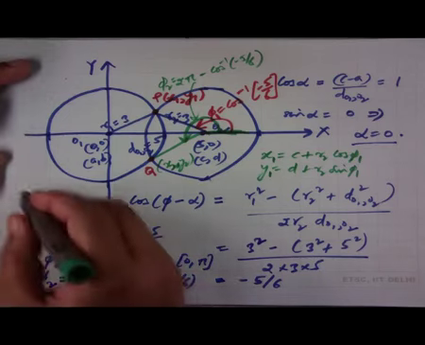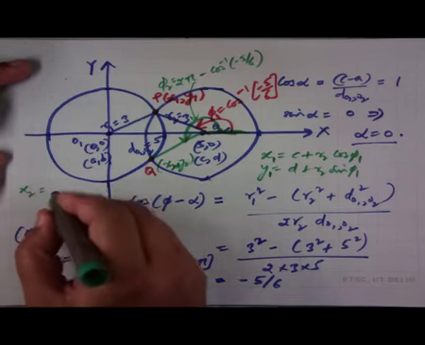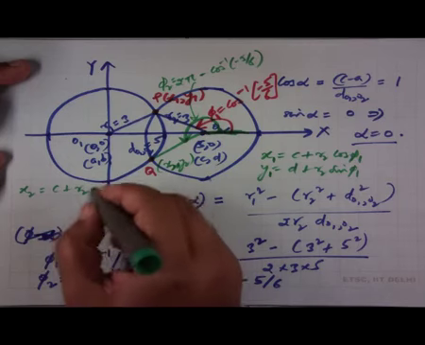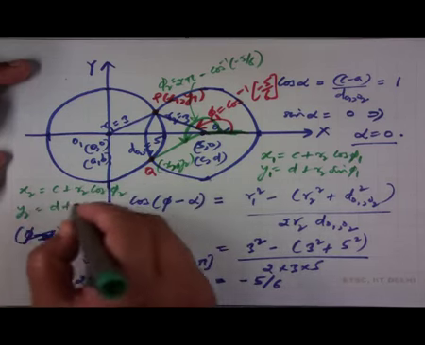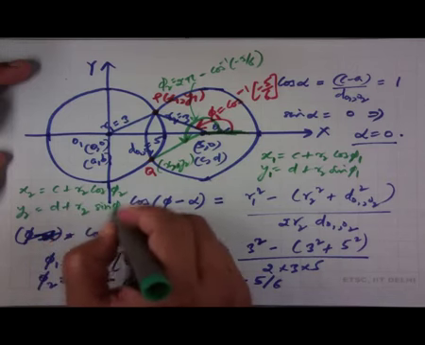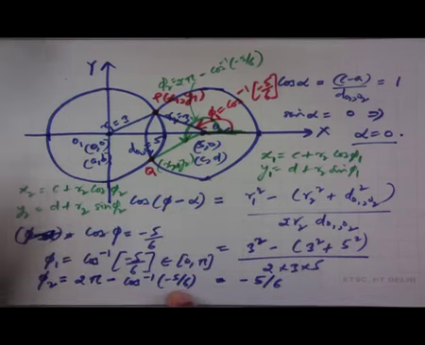So, to be precise, we will have x2 equal to C plus R2 cos phi 2, and y2 will be equal to D plus R2 sin phi 2, where phi 2 is this angle.